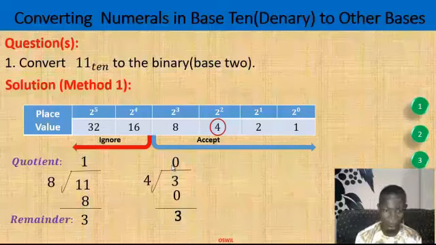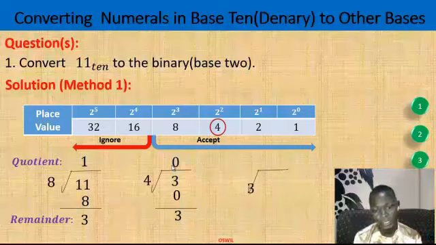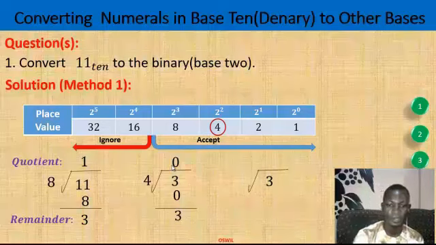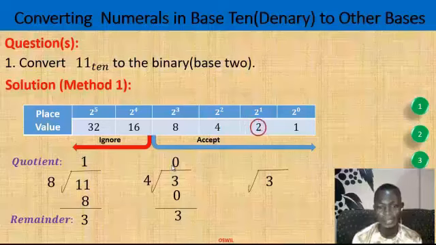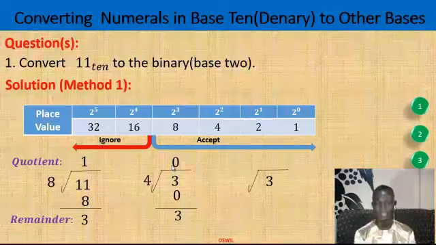Still on point 3, we draw our root sign again for our next step. Then we write the 3, which is the remainder, inside the root. Now we move to the next highest place value among the accepted ones, and that is 2.